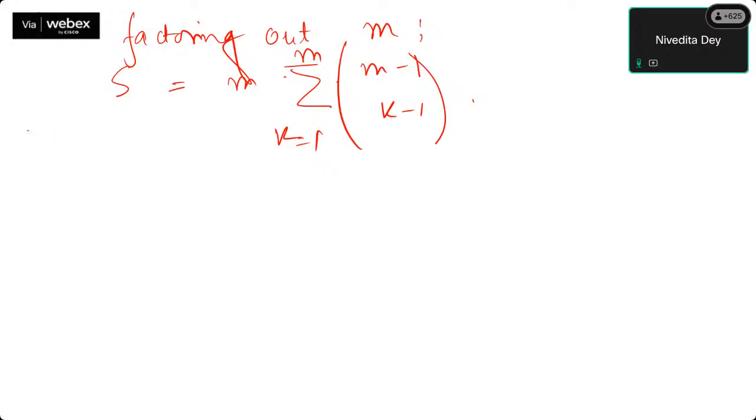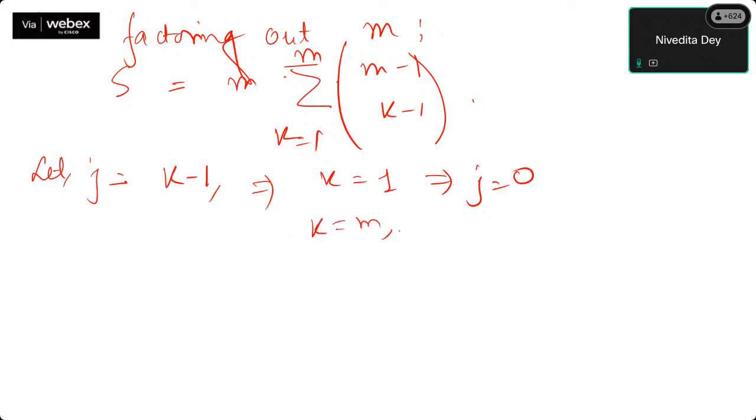Now if you change the index of the sum, say let j equal to k minus 1. So that means when k equals 1, j equals 0, and k equals m means j equals m minus 1.